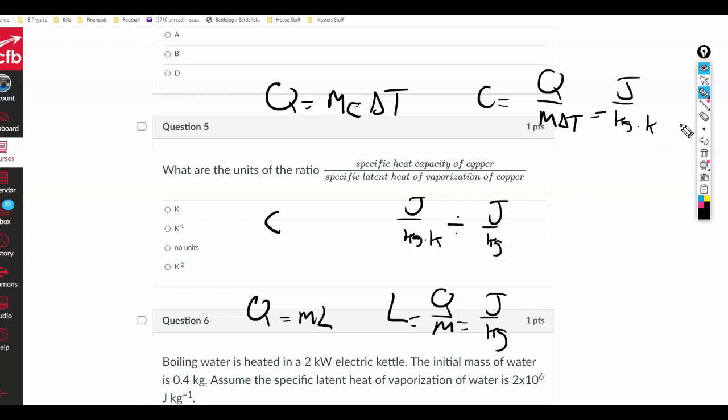Well, you should have learned this in elementary school, but when you divide by a fraction, you flip the second term and change it to multiplication. Okay, and so joules cancels, kilograms cancels, and what you're left with is 1 divided by Kelvin, which is the answer to the question. Okay, so that is question 5. Pause it there if you need to look at that some more.